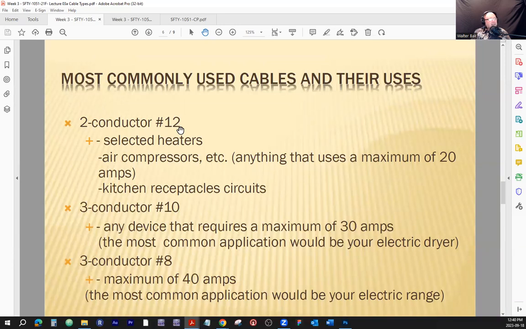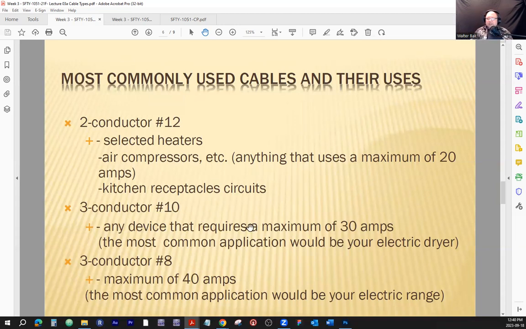Right? I got a question here. If you want a new 30 amp plug in your home, you need to use a 3-conductor 10, so 10-3.